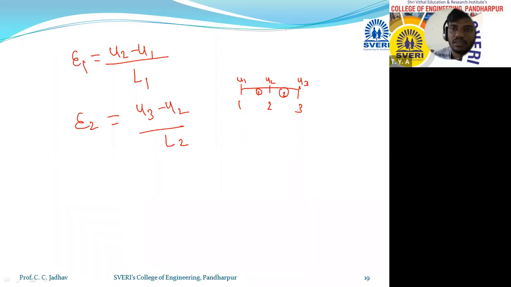स्ट्रेनचा फॉर्म्युला काय, चेंज इन लेंथ अपॉन ओरिजिनल लेंथ. ह्या एलिमेंटची लेंथ आहे L1, ह्याची आहे L2. सो चेंज इन लेंथ कशी काढतो, u2 मायनस u1 आणि डिवाइड बाय L1, सेम u3 मायनस u2 डिवाइड बाय L2. हे झालं, तुम्हाला स्ट्रेनची व्हॅल्यू भेटली. स्ट्रेसची कशी काढणार तुम्ही, stress at one element is equal to Young's modulus constant E1 into strain 1.